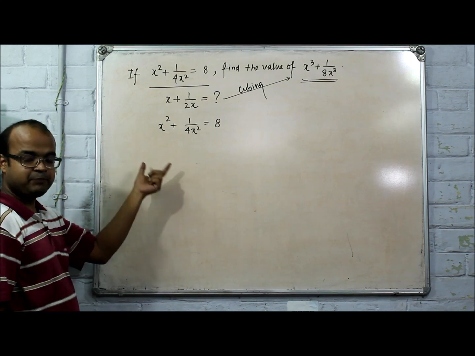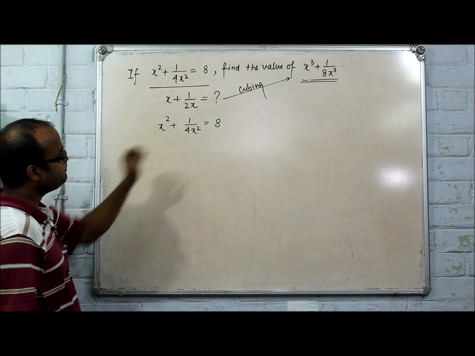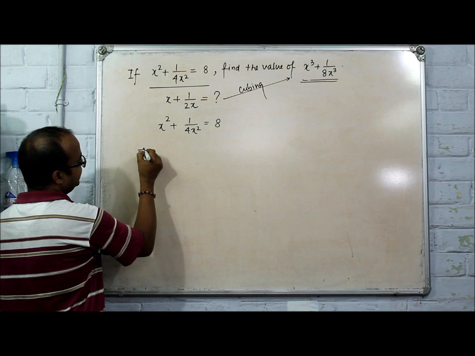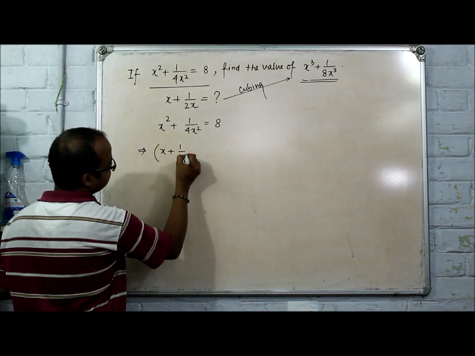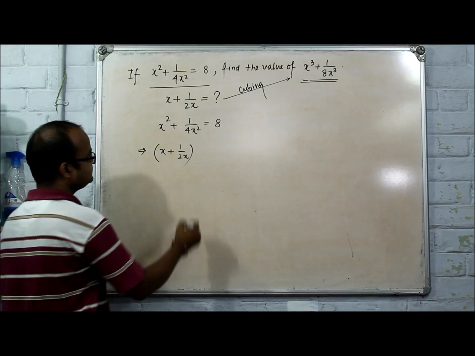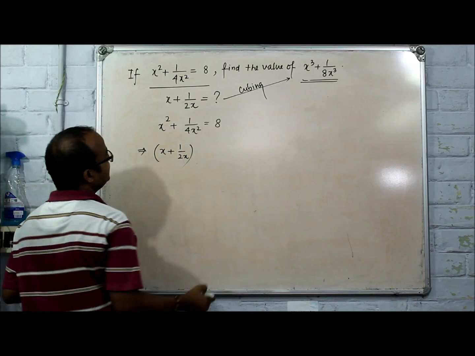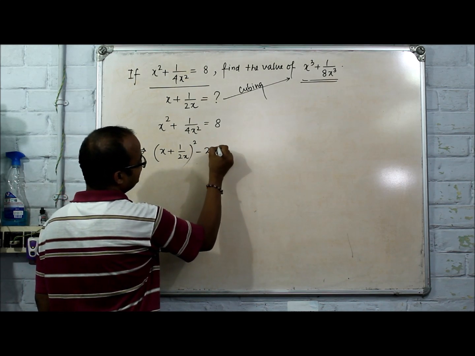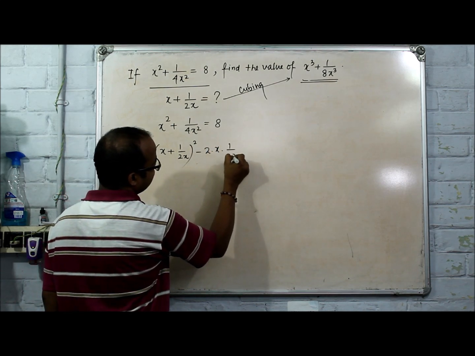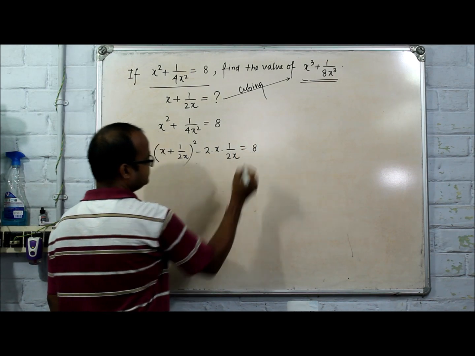Now I am going to apply the formula a square plus b square. The a square plus b square formula is (a plus b) square minus 2 into a into b is equal to 8.